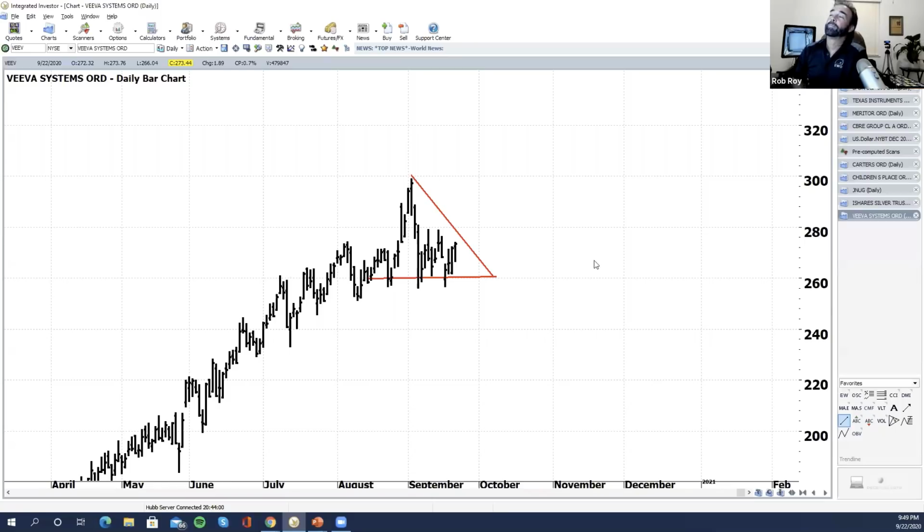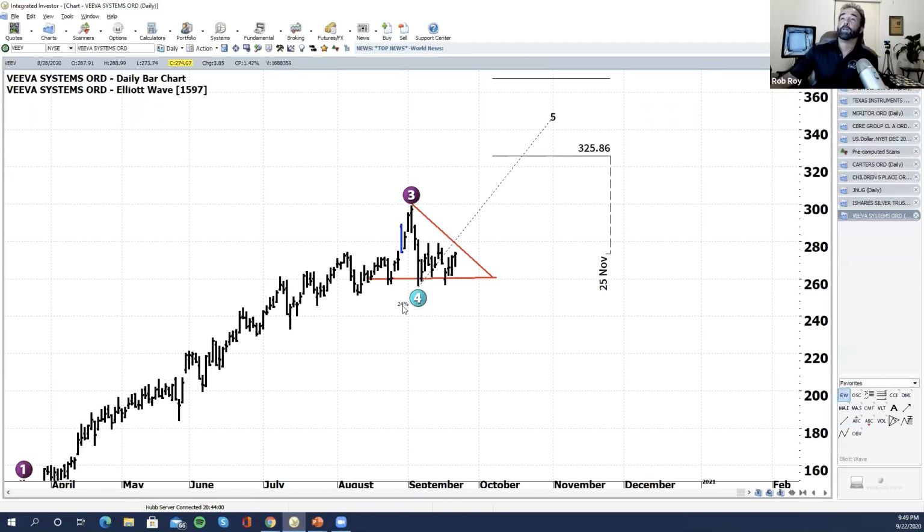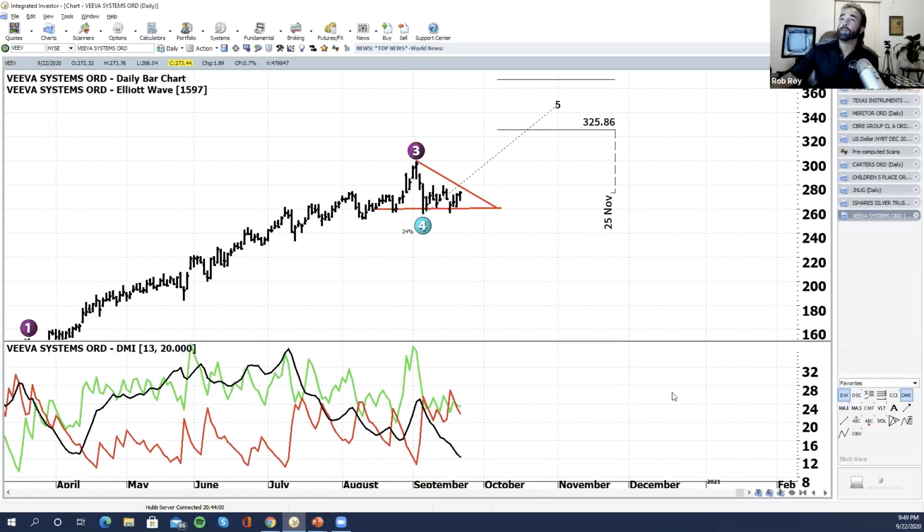Well, let's see what the options look like. It's bigger than I thought it was. The other wave pattern on there. Oh, well, that's only 24%. That's right at that fib level that normally implies a continuation.